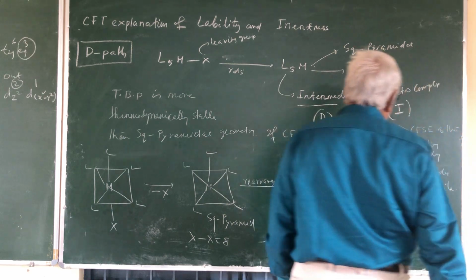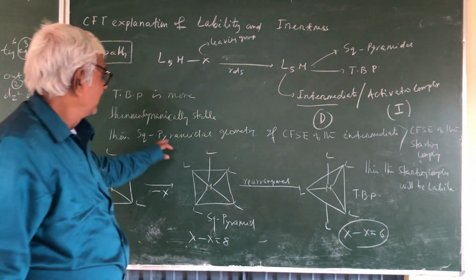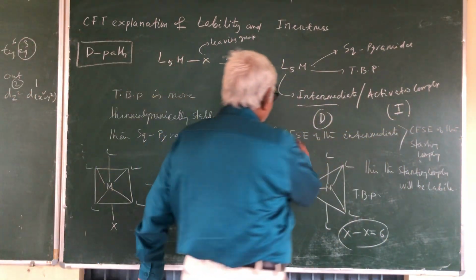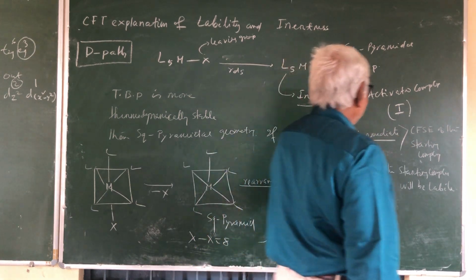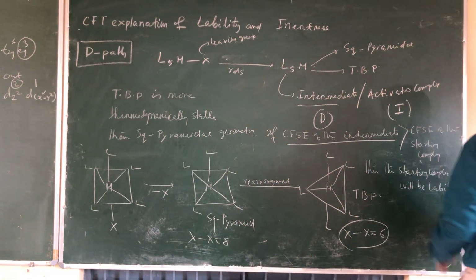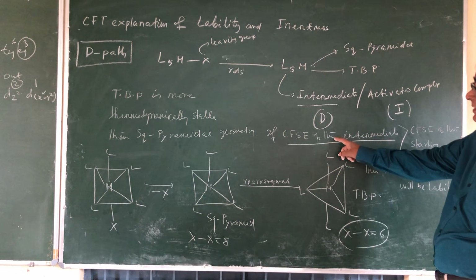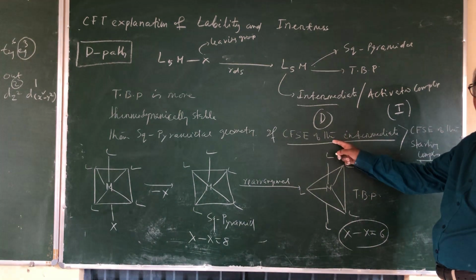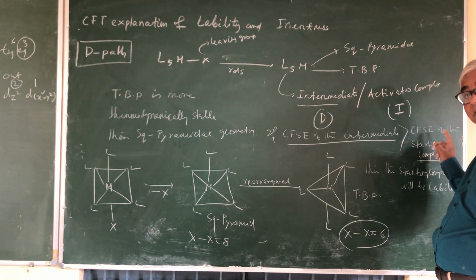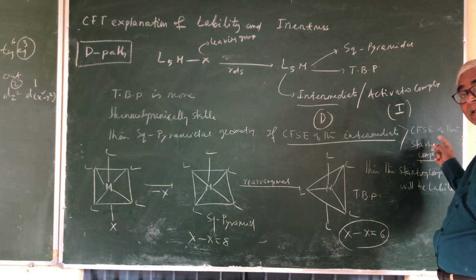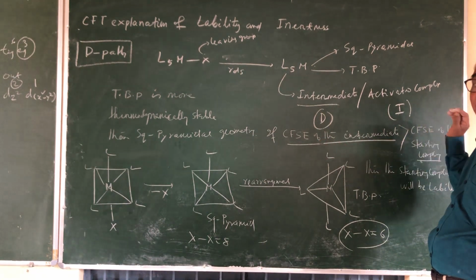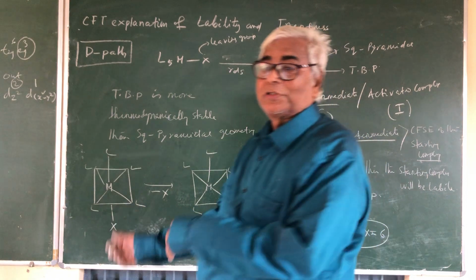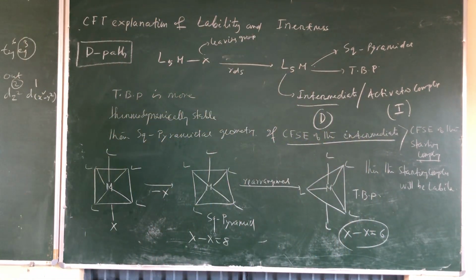So try to understand this. The crystal field stabilization of the intermediate is more, and that of the starting complex is less. Then this complex will easily switch over to the intermediate. Therefore, the system will be labile.